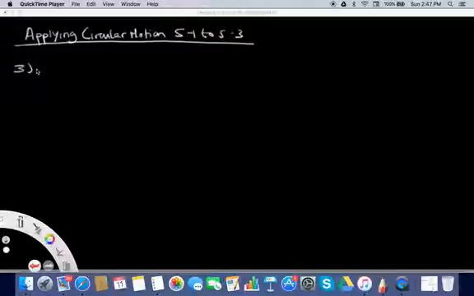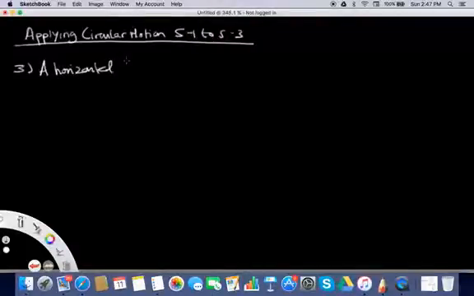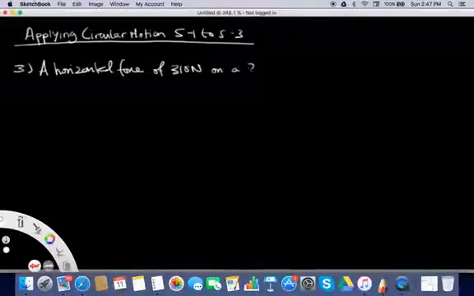So let's get a problem in here. Okay, so we have a horizontal force of 310 newtons acting on a 2.0 kilogram mass ball.